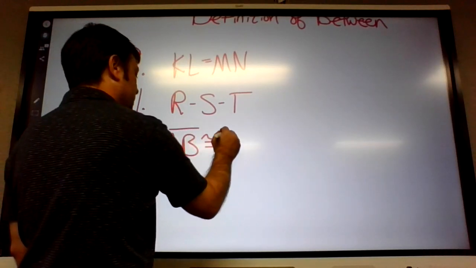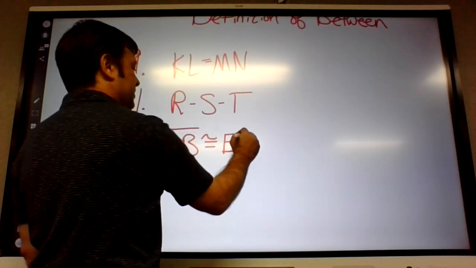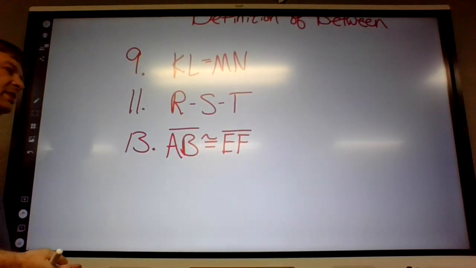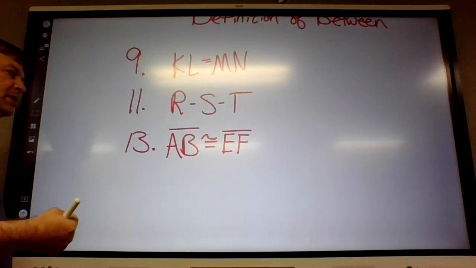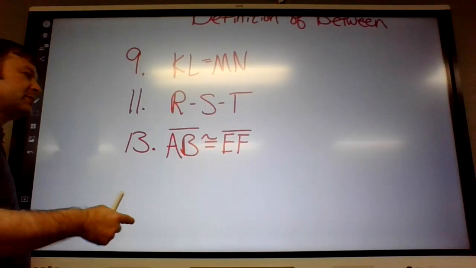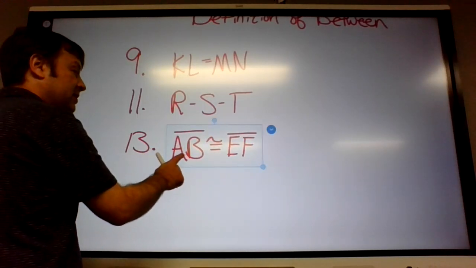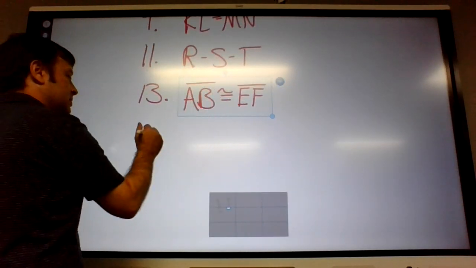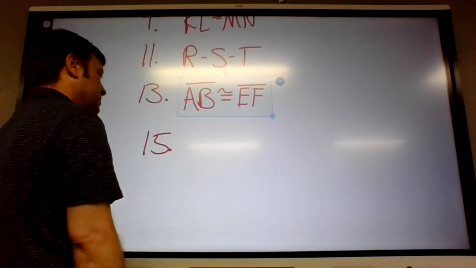Congruent to EF, yeah. If the first is the same as the second, and the second is the same as the third, then the first and third must be the same. That's the transitive property. The first and the third must be congruent because of the transitive property.